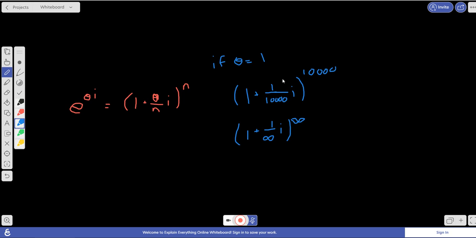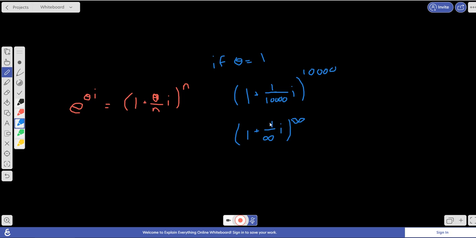Now the thing to take note of is that this is a very small imaginary portion. It's very close to 1. Right? It's very close to that unit circle where if we raise that to a power, it's always going to be on that unit circle. And in fact, as we have n go to infinity here, we have some infinitesimal imaginary portion, and we have 1 in the real part of the number.